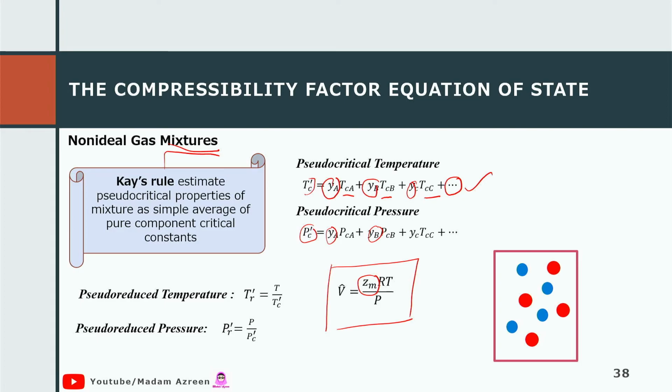Last time it was a single component, but this time it is a mixture. And y is the mole fraction. So how to use this? Don't think too much. I'm just showing you directly how to use this equation. Let's go to our last example.